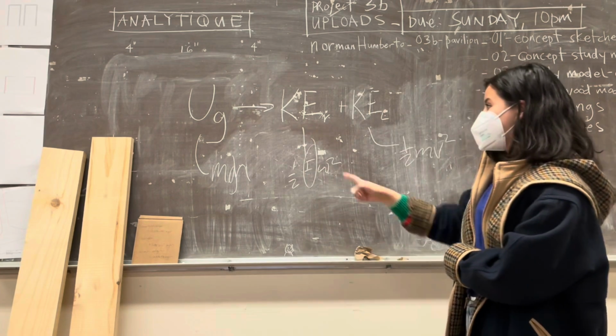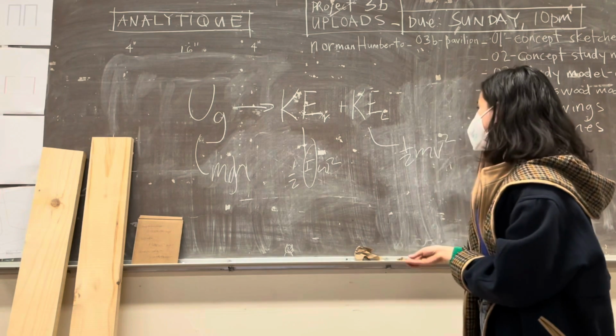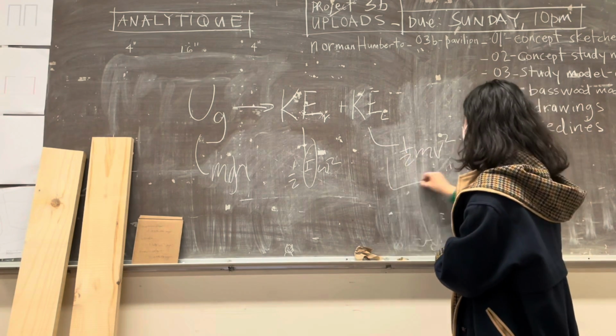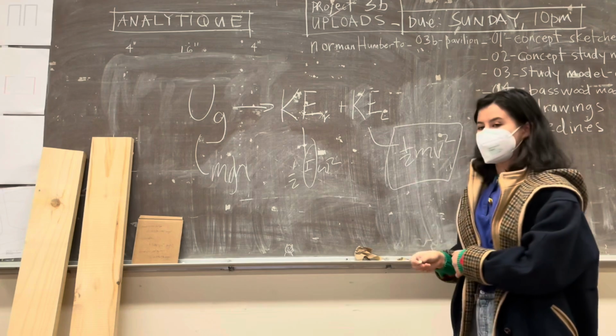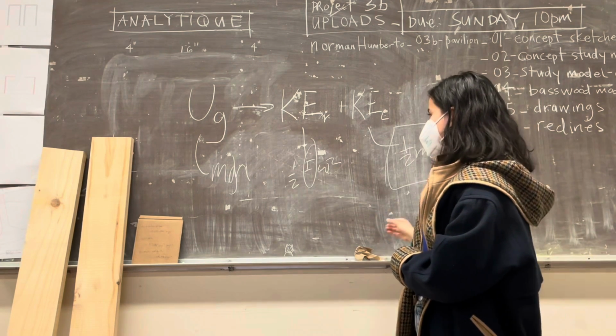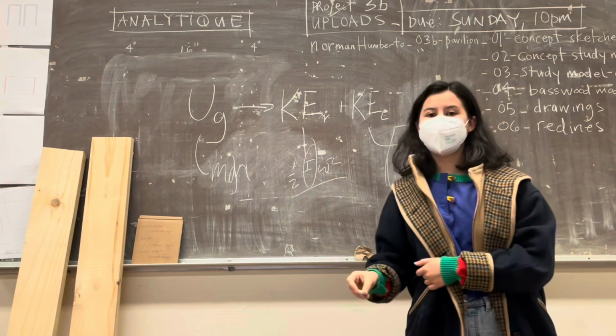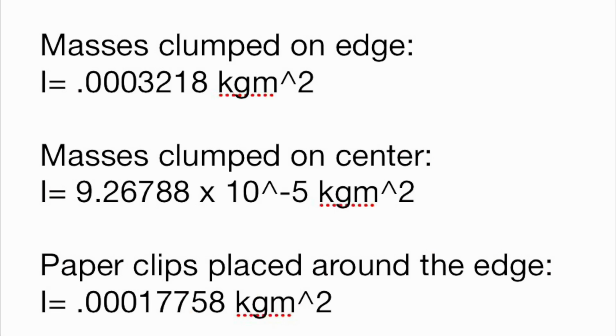And so by finding the initial mgh, which should have been the same for all of the disks, finding the final kinetic energy using our data for each disk, and then subtracting those in order to find the rotational kinetic energy and solving for I, we were able to deduce the I's for each of these disks, which we will show you now.